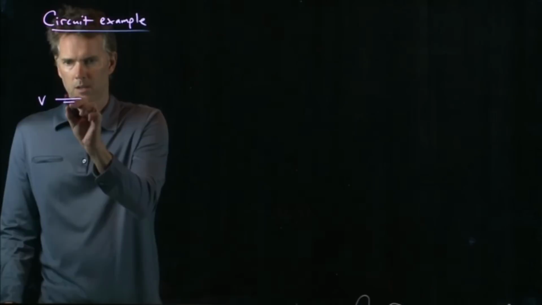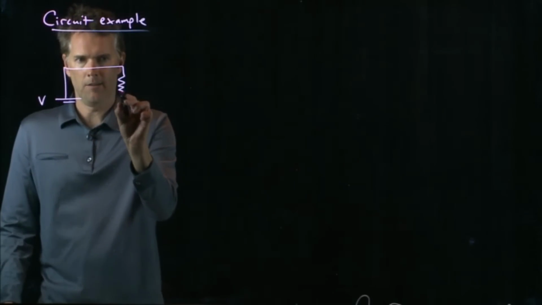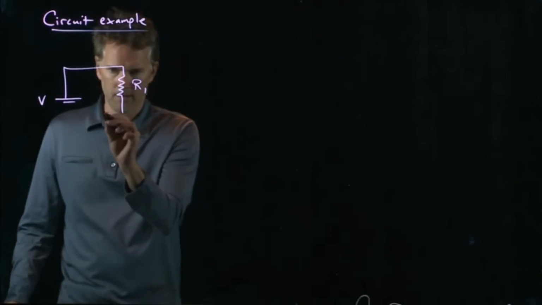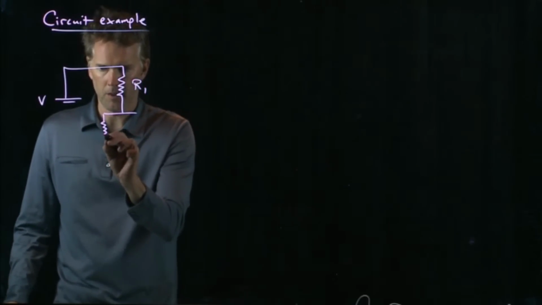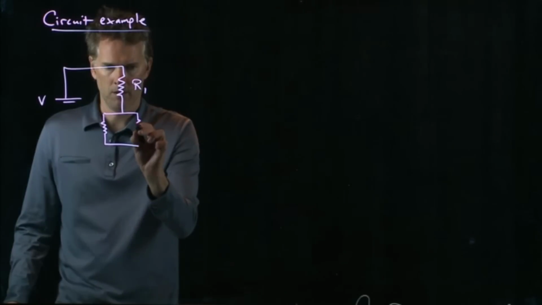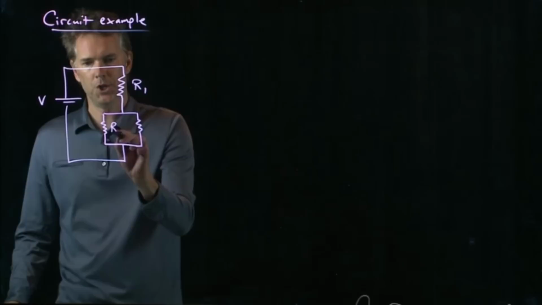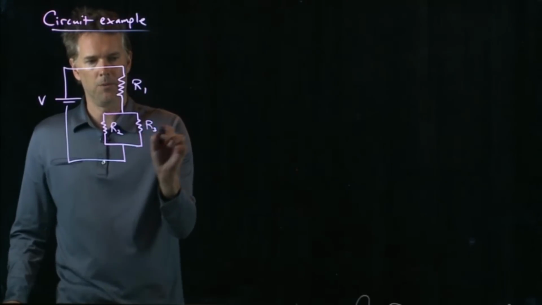Let's say we take a battery, V. We have resistor, R1. And then we're going to have two resistors in parallel, like so, R2 and R3.